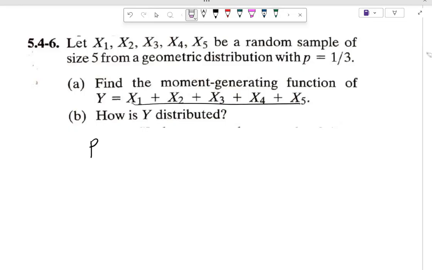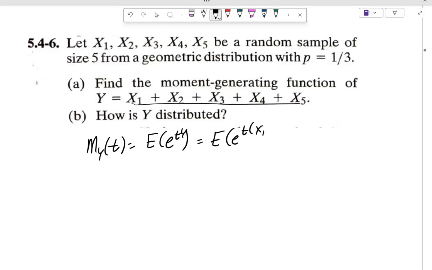So your moment generating function for Y would be the expected value of e to the tY. I don't expect you to write this out every time. I'm just re-emphasizing what's going on. Replace the Y with the sum. That's what we have, right?